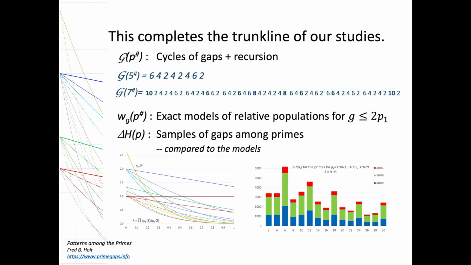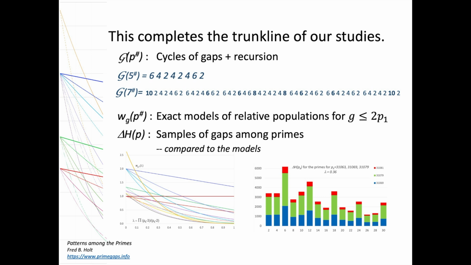When we started these videos, we wanted to introduce the cycles of gaps and the recursive construction between them and view that as a discrete dynamic system. We then analyzed that discrete dynamic system and extracted exact models for the relative populations for all gaps up to that bound 2 times P1, taking our initial conditions from the cycle for P0 primordial.